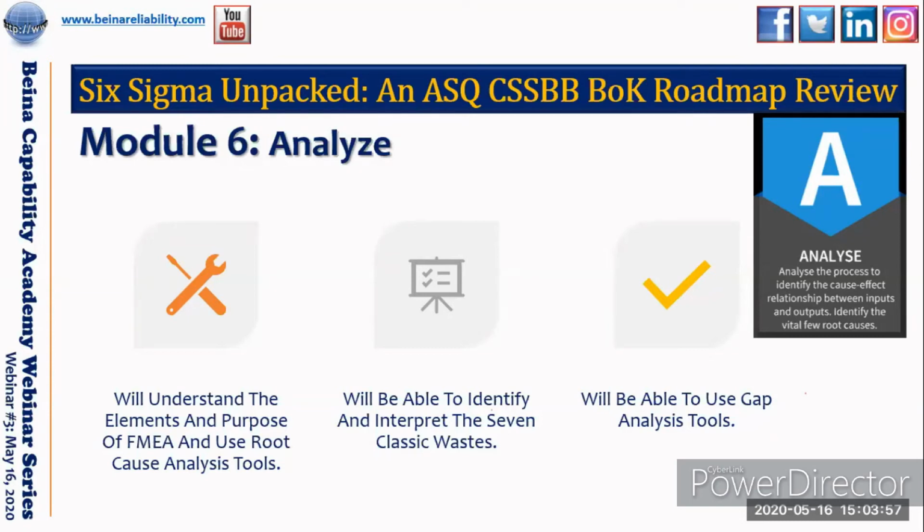Analyze also has a big chunk of statistics, where you have to actually focus on waste analysis. Where are the wastes coming from? Root cause analysis is critical at this point. Here you are looking at your 5 Whys. How am I able to do Pareto charts?